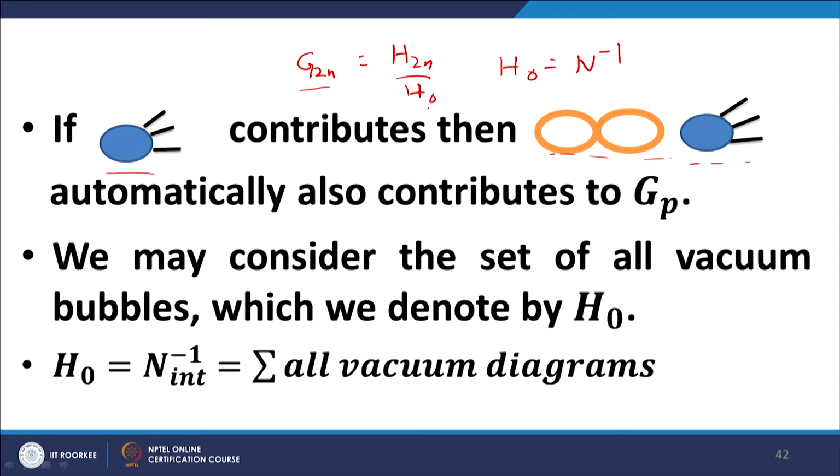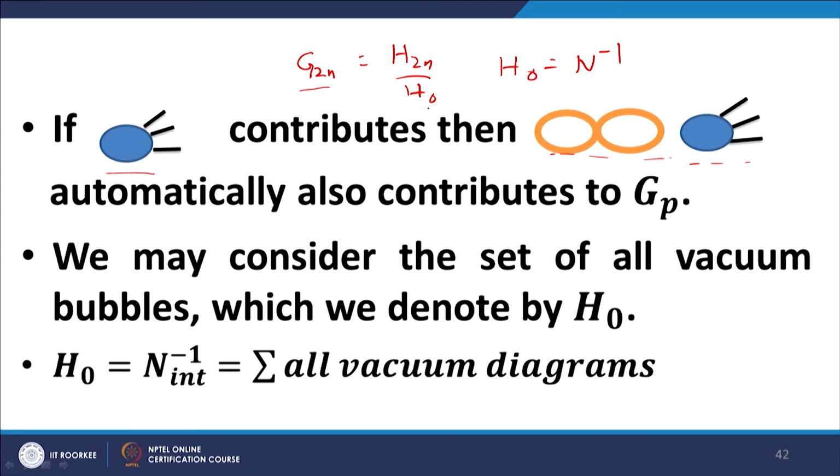So, H0 is equal to the summation of all vacuum diagrams. What I am saying amounts to this: when we work out the green function using the technology of Feynman diagrams, we sum over all Feynman diagrams excluding all vacuum bubbles.